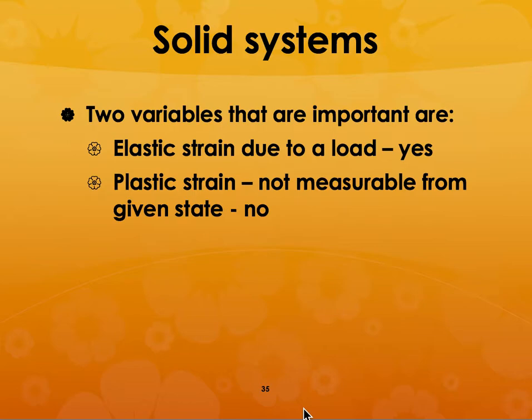So, in solid systems, for example, two variables that are important are elastic strain and plastic strain. Elastic strain is a state variable, whereas plastic strain, it is not. Because plastic strain will depend upon the condition, the application of prior strain and releasing it and so on.